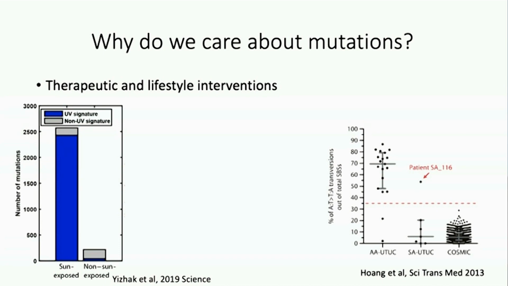Another relatively recent discovery is about the detrimental effect of traditional Chinese medicine. There is one specific one, aristolochic acid.